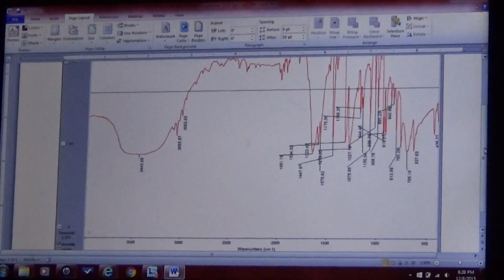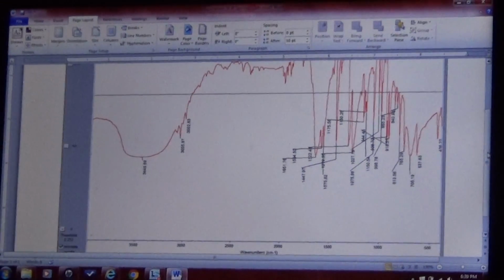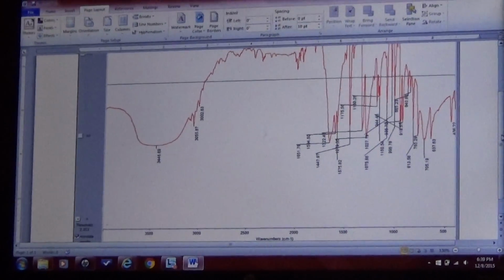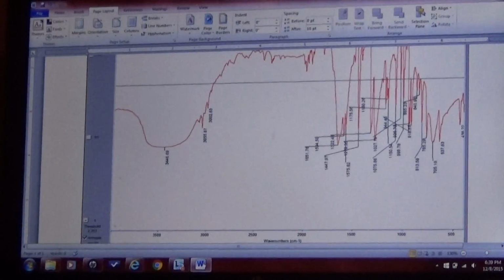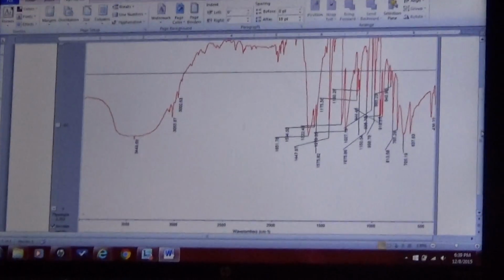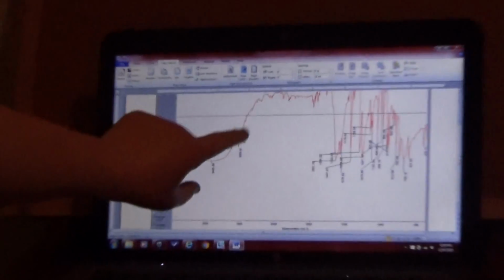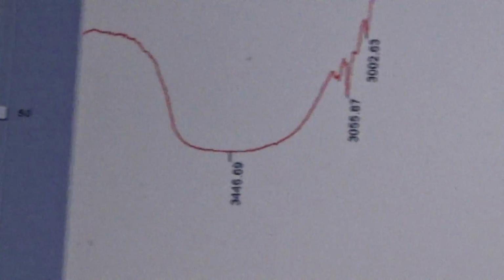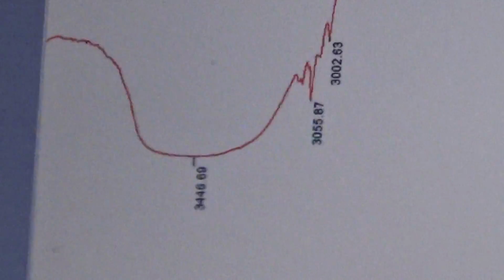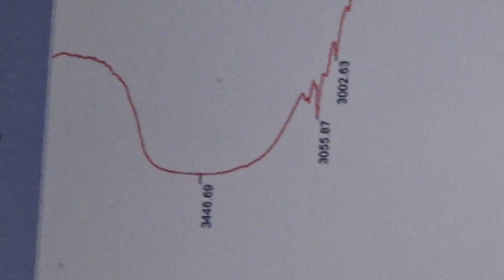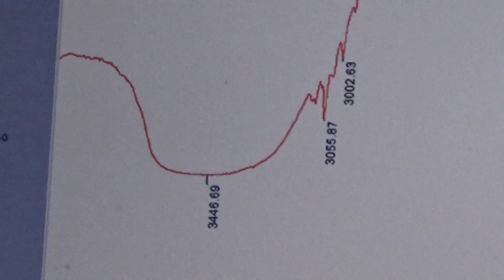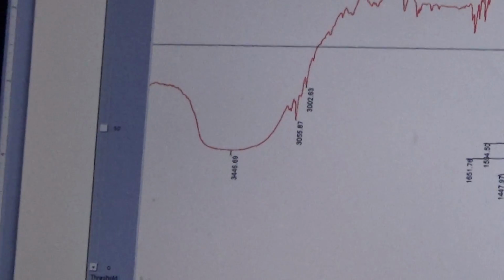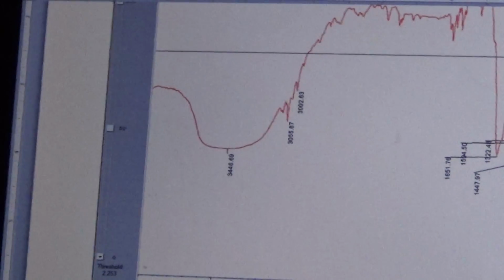The wavelengths of these can range anywhere from 675 to 870 to 1500 to 1400. Right here is like a big dip, and usually that would be known as an alcohol group, but in this case the sample somehow had gotten wet, which will produce this huge gap right here, causing the IR spectrum to look like this.